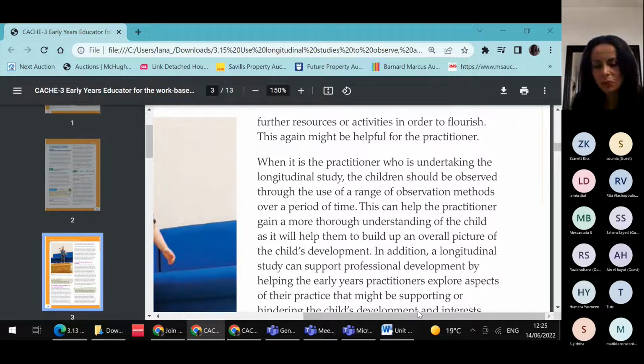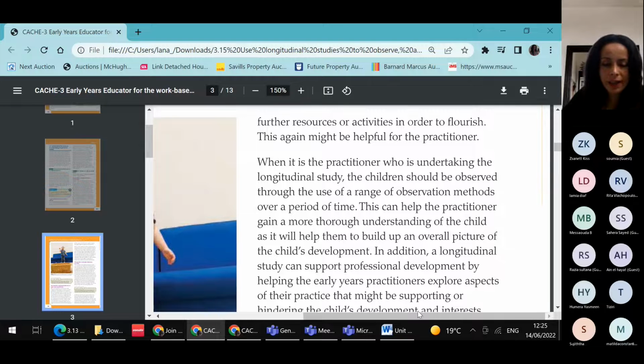It's not going to be done within 1 day, not 2 days, but a longer period of time. You need lots of information about the child, observation. You can use different observation methods. And this will help the practitioner to gain more information, more understanding, of how they can help the child. It will give you a full picture of the child's development.